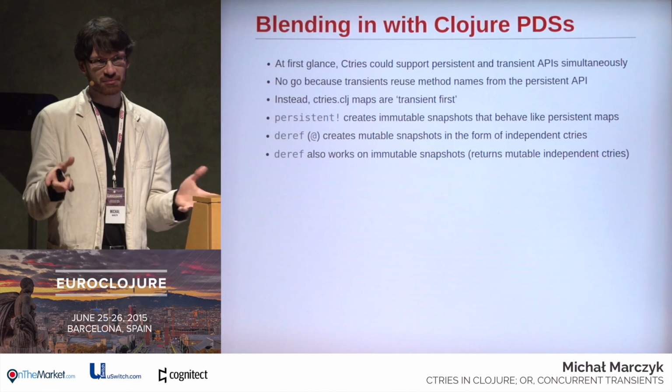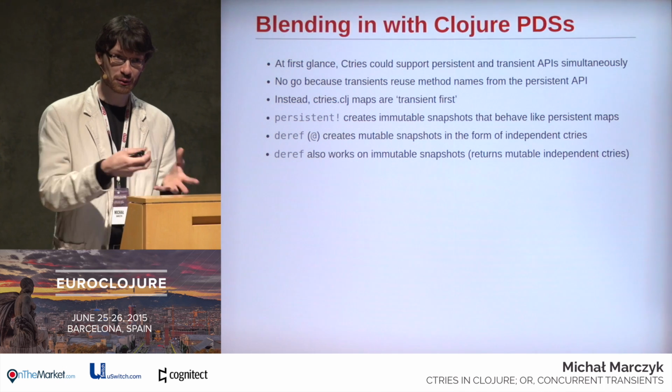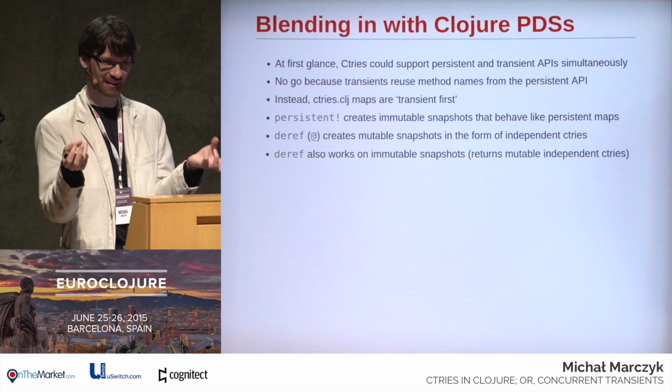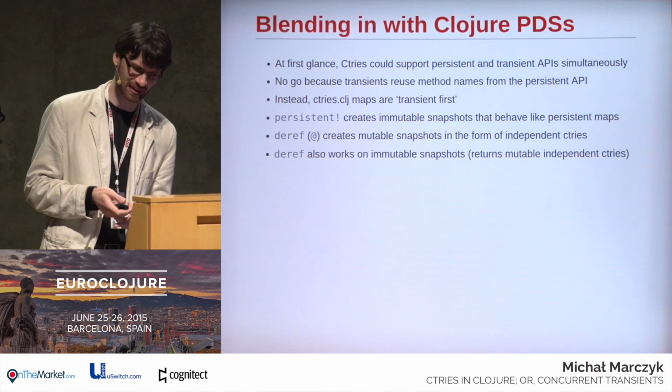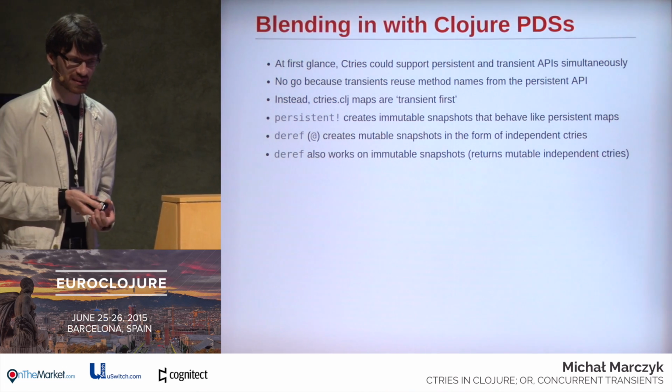And so that means that you can write code in the usual functional style that you'd use with transients, but run it on multiple threads manipulating the same instance. And that's, I suppose, the encouraged way to use ctries in Clojure in most scenarios.